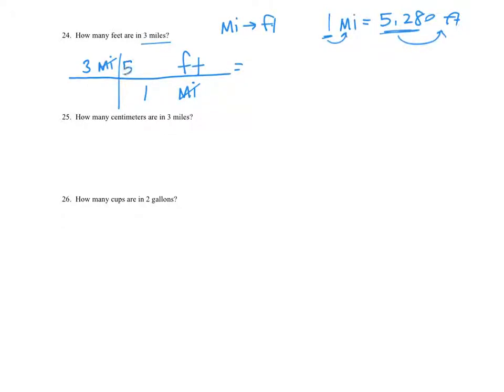That goes on the top. I'm going to multiply, and I should get 1.58 times 10 to the 4th. So again, this is a big number. Remember, if it's 3 or above, 3 decimal places or 3 zeros, you have to put it in scientific notation.